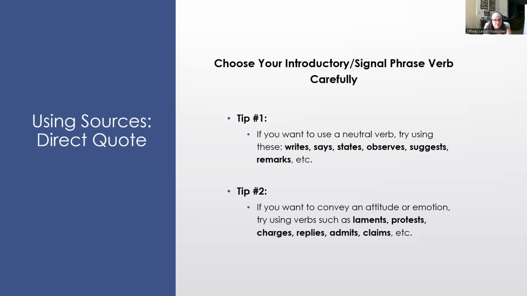Now, if the author of the original source was making some type of argument or criticism, then you would say that such and such author claims, replies, admits, protests, right? Most of the time for this research paper from my class, you're going to be up here with the neutral verbs, because you're not writing an argumentative paper. And so your sources really shouldn't be super argumentative in nature either. They should be more informative. Okay.